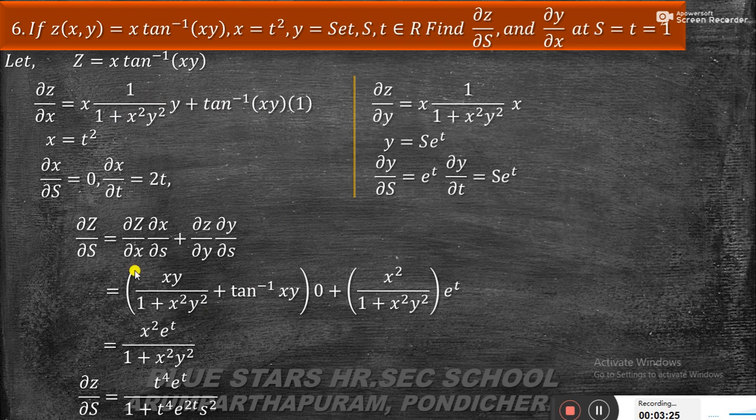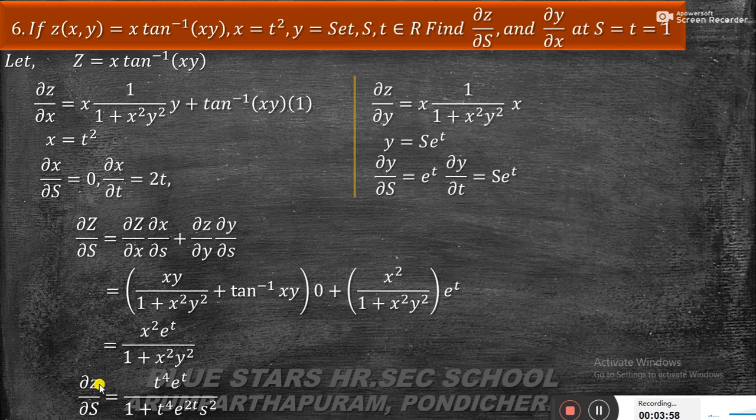So I substitute here, into ∂x/∂s, which is 0, plus ∂z/∂y, which is x square by 1 plus x square y square, into ∂y/∂s, which is e power t. So the next step: 0 into anything is 0. Next, x square e power t by 1 plus x square y square.